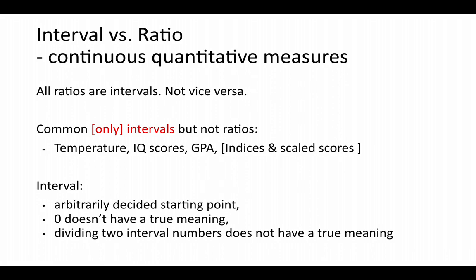They don't have a true meaning if you divide these two interval numbers. So if all these three criteria are met, then we say this is only an interval, but not a ratio measure.